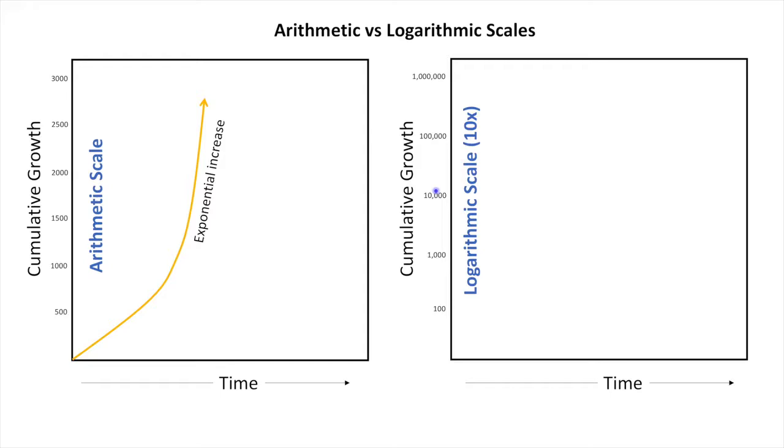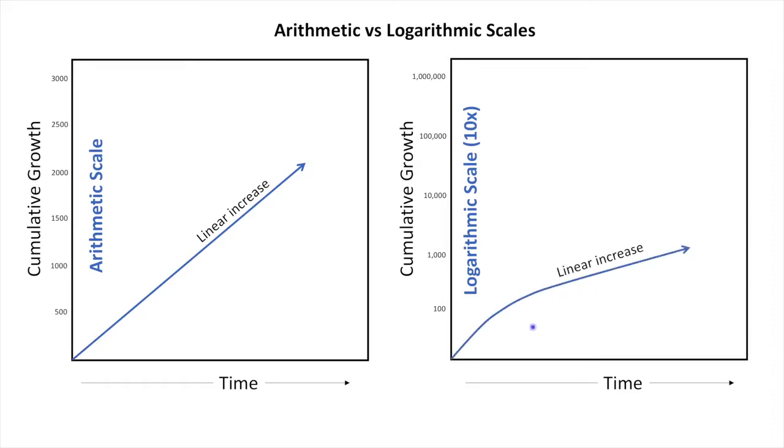If you were to plot an exponential cumulative growth on a logarithmic chart, it turns out that it actually becomes a straight line. If you were to try and plot a linear increase from an arithmetic scale onto a logarithmic scale, this is what the linear scale is going to turn into.